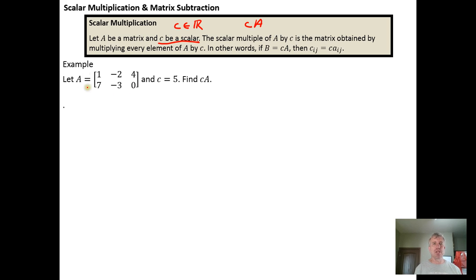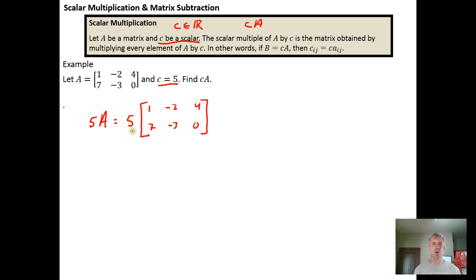So here I have a matrix A and I have a scalar c, and it says find cA. So cA would be 5 times A, which would just be 5 times the matrix 1, -2, 4, 7, -3, 0.